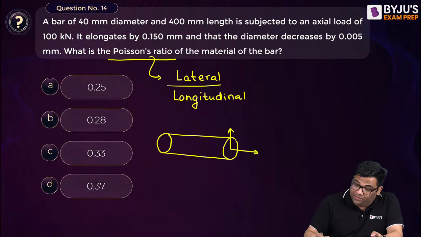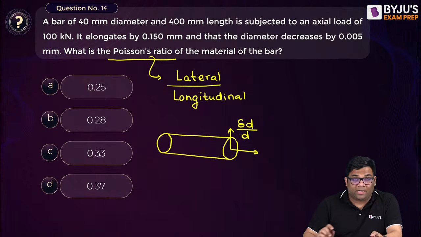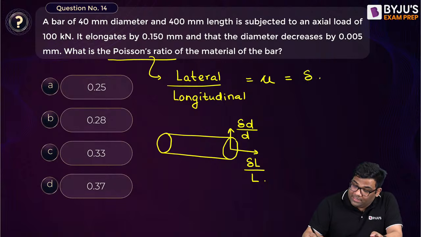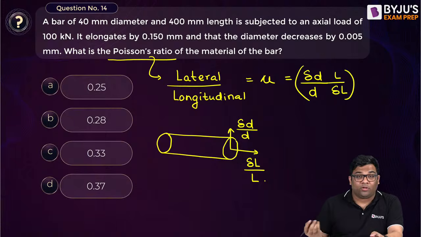The lateral strain is in the direction of diameter, so it is the change in diameter by original diameter. The longitudinal direction is in the direction of length, so strain is the change in length by original length. So the Poisson's ratio, the strain ratio, is delta D by D divided by delta L by L. This is the formula for Poisson's ratio.